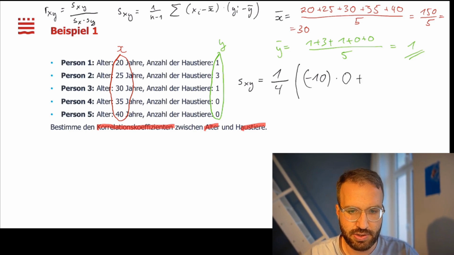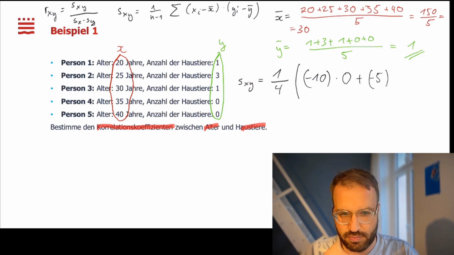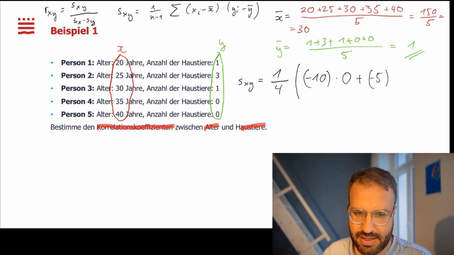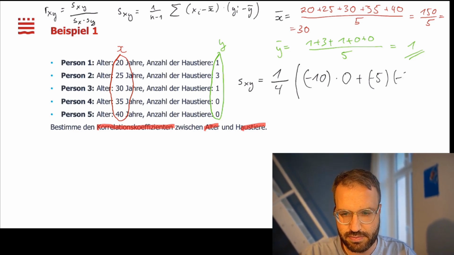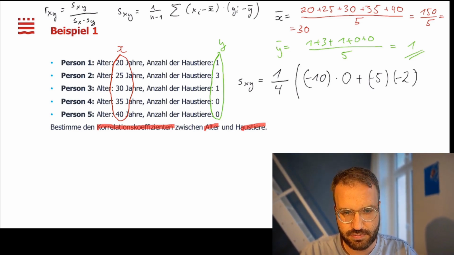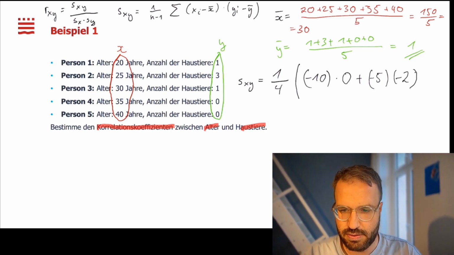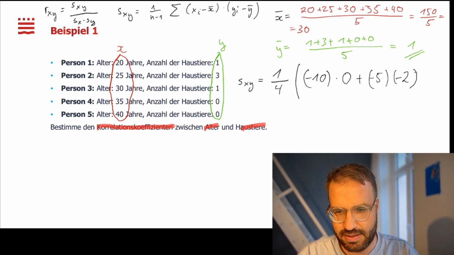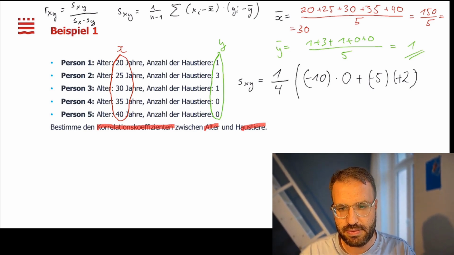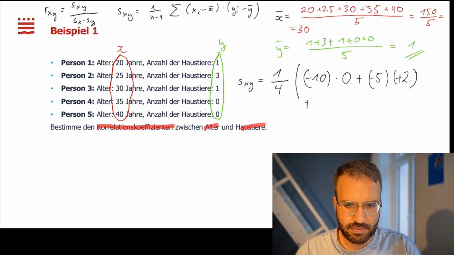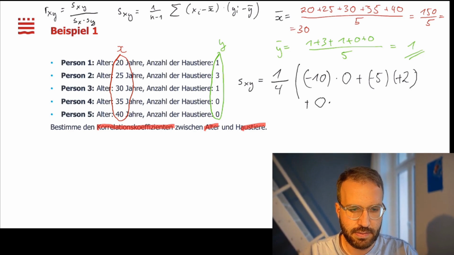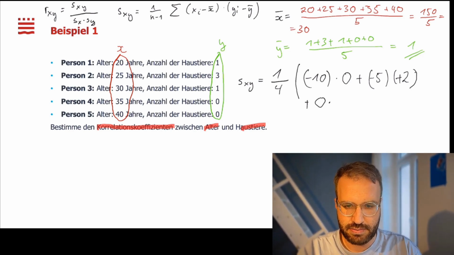The next value is 25, so that is minus 5, and 3 minus 1 is plus 2. Then it continues, 30, that is 0, times something, also again 0.